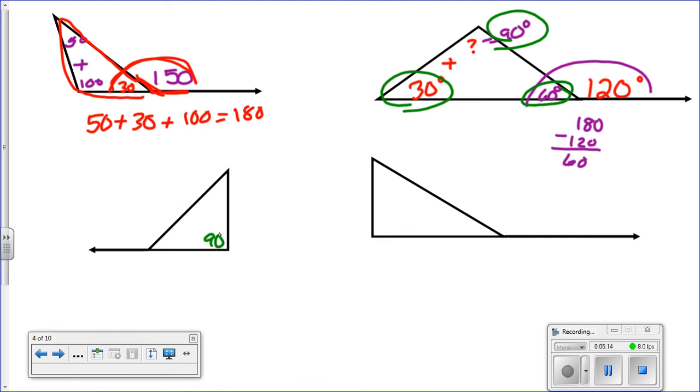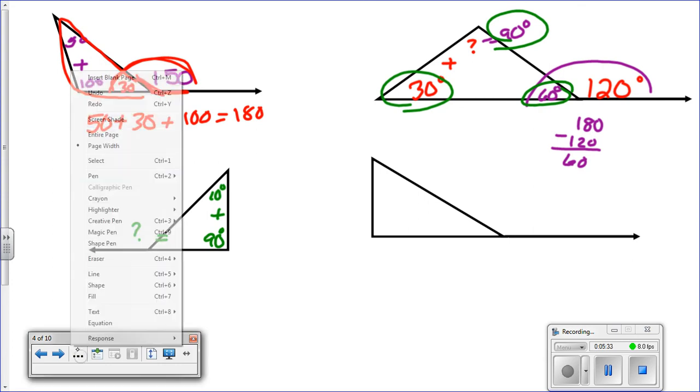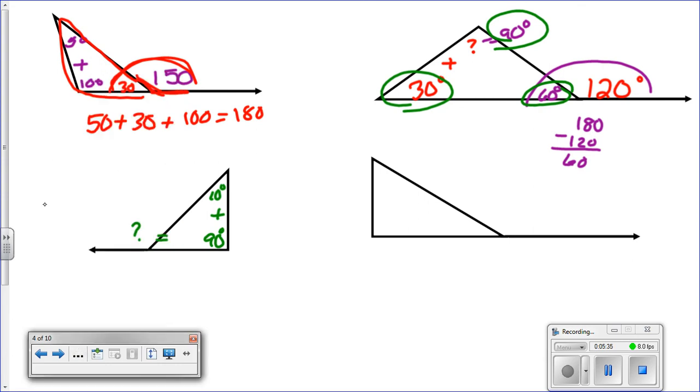If I know this is 90, and I know this is, we'll say 10. That looks like 10. And I want to know this angle out here. Remember, this plus this equals the angle outside. So 10 plus 90 gives us an outside angle of 100.